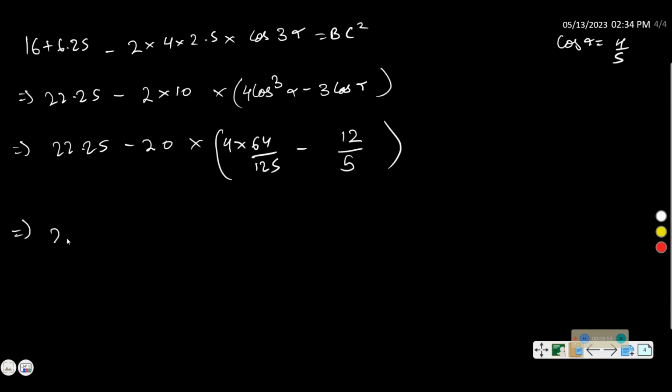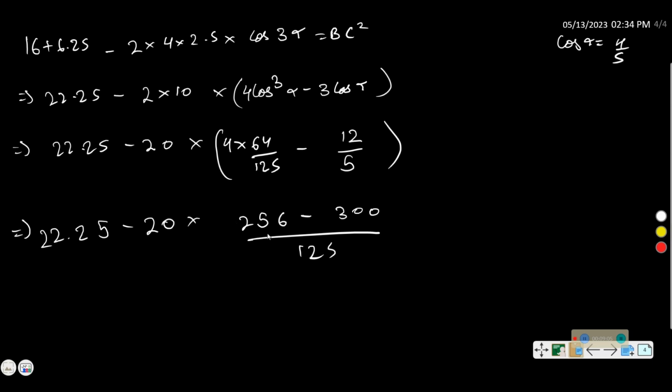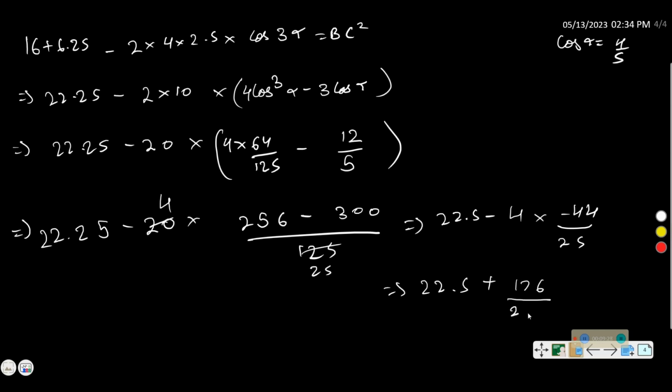Now further doing it, 22.25 minus 20 times 256 minus 300 upon 125, right? This can be written as 22.25 minus 20 times negative 44 by 125. Negative, negative, it will be positive, so we can write it as 22.25 plus 4 times 44, 176 by 25, equals BC square.